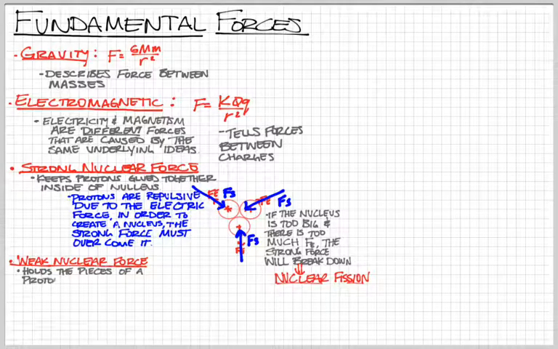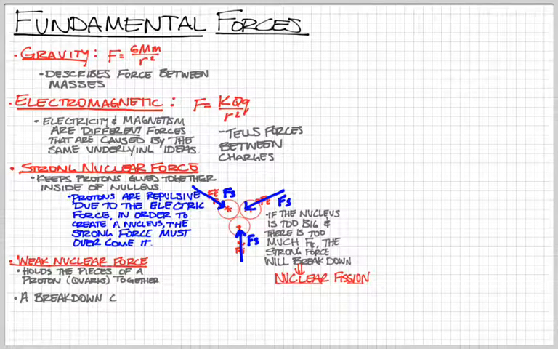We call those quarks. It holds them together to make a proton a proton. So, weak nuclear force holds the pieces of a proton together. A breakdown in the weak nuclear force causes what we call beta decay.